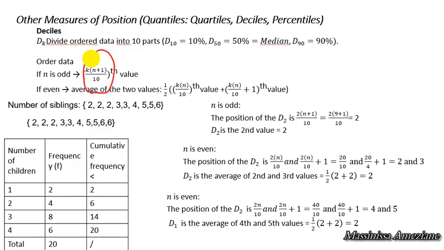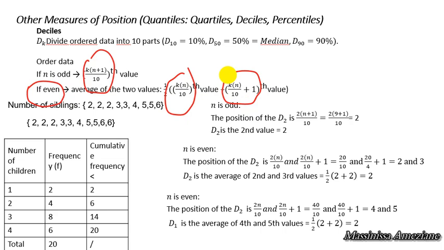So here, instead of dividing by 4 for quarters, by 2 for the median, we divide by 10. If the number of observations is even, we have two positions. The first is kn divided by 10, and the second is the next position, kn divided by 10 plus 1.